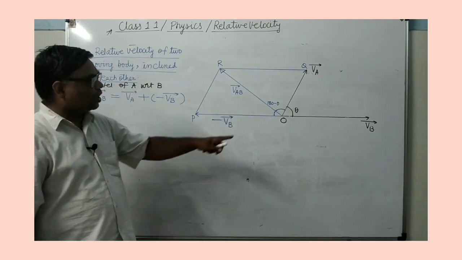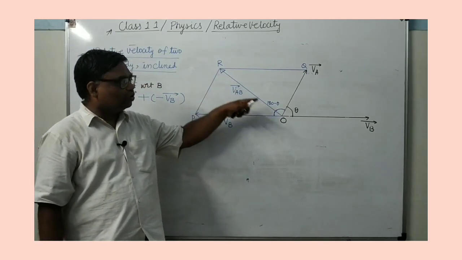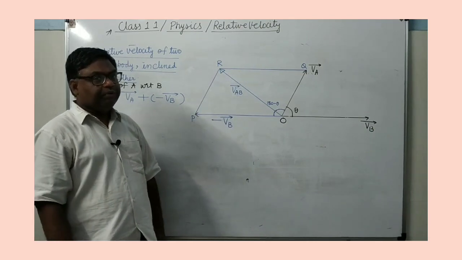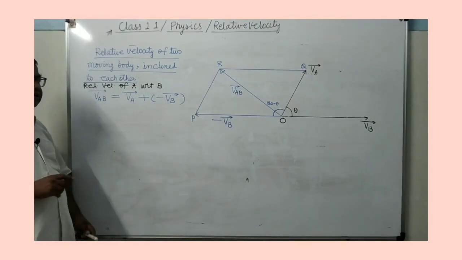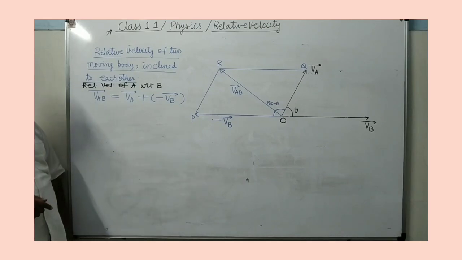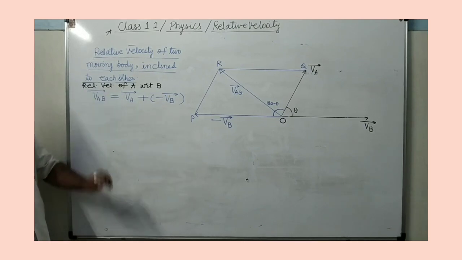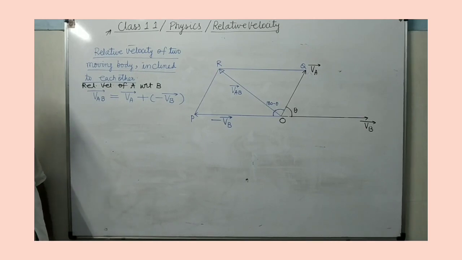The resultant of these two can be represented by this diagonal. So this will be the relative velocity vector of A with respect to B. Means OR is representing the vector VAB in magnitude as well as in direction. It's clear?